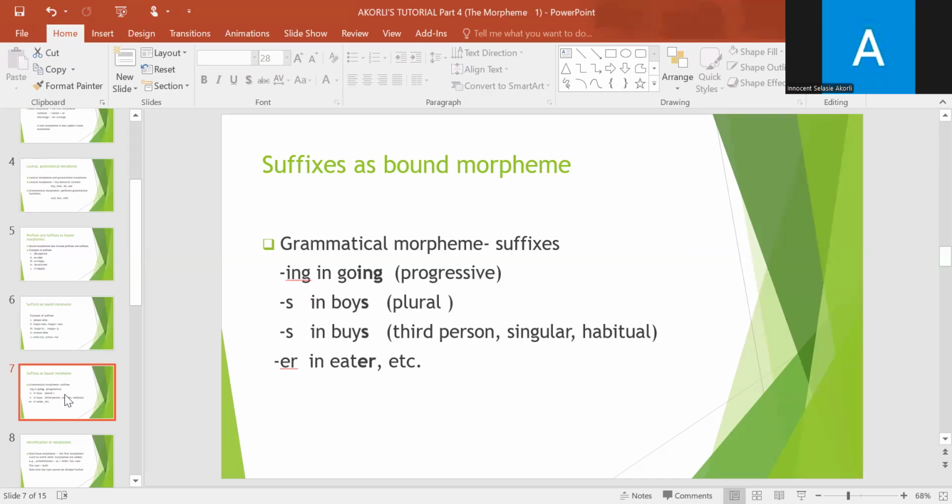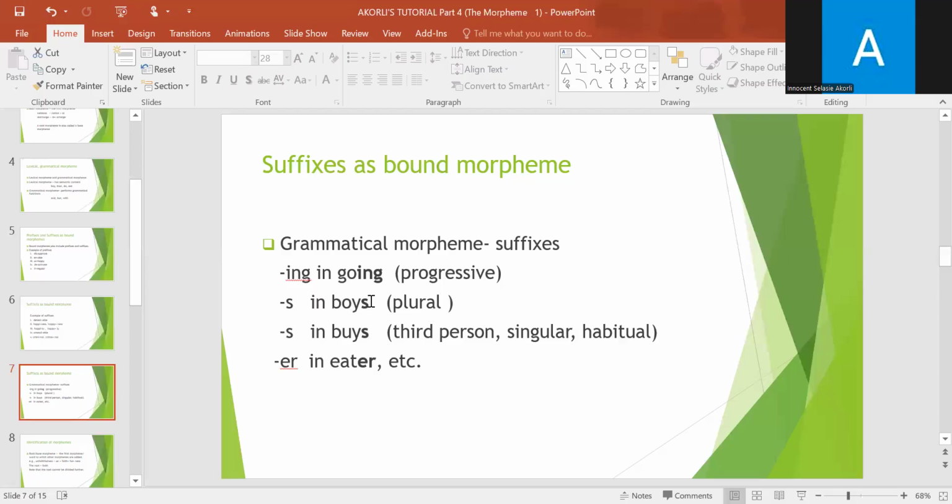He goes to school every day. He buys food from us every week. She buys food from this shop every day. Buys, third person, singular, in habitual tense. So the S that we see in the case of boys doesn't have the same designation as S in buys.